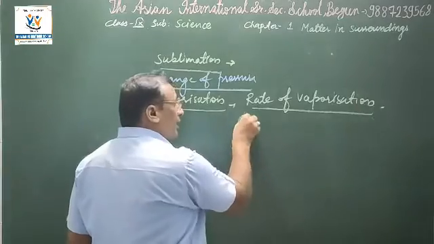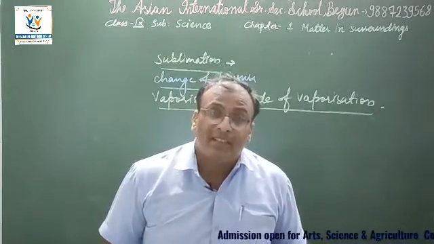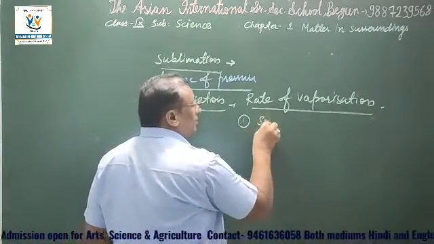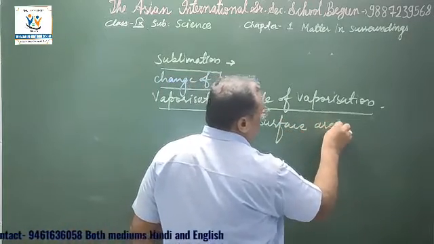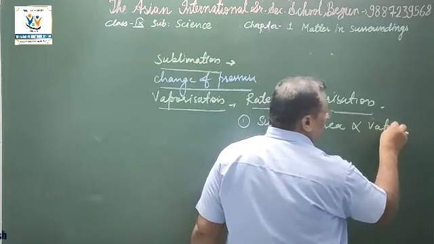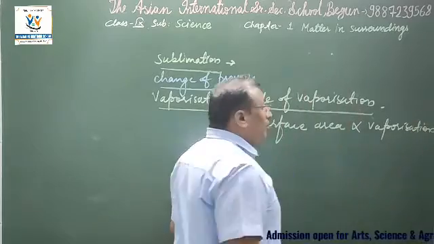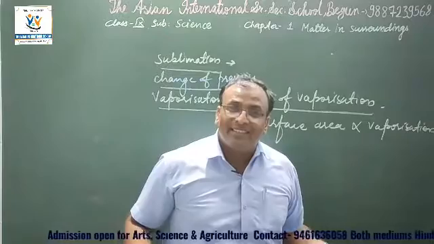Now see the first point. How does vaporization increase? The first factor is surface area, which is proportional to vaporization. It means that as surface area increases, vaporization increases.